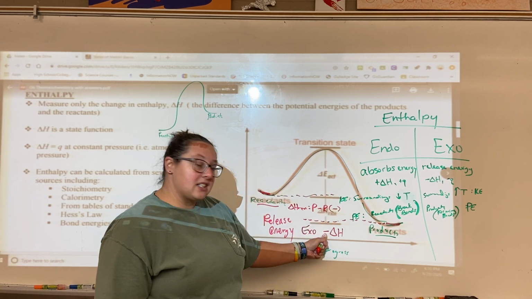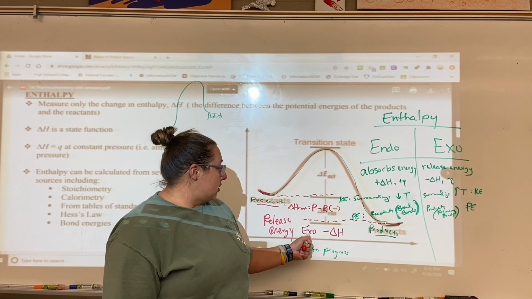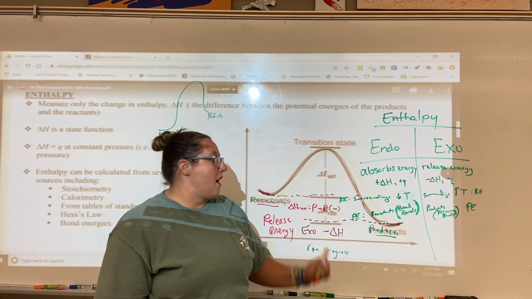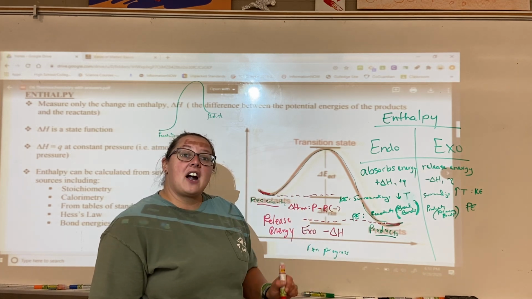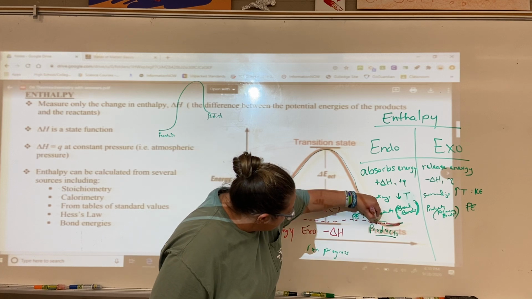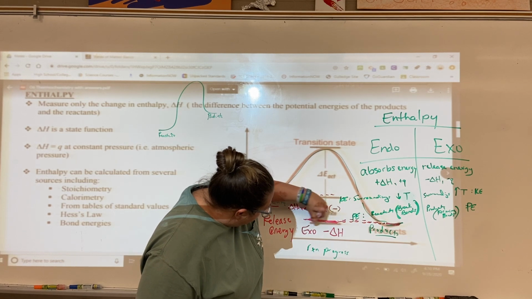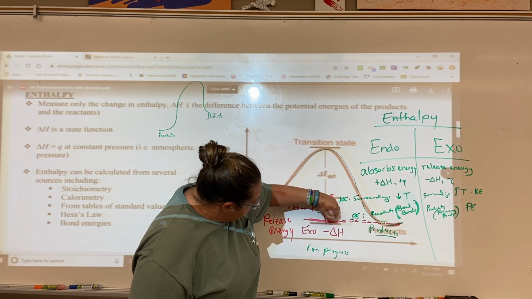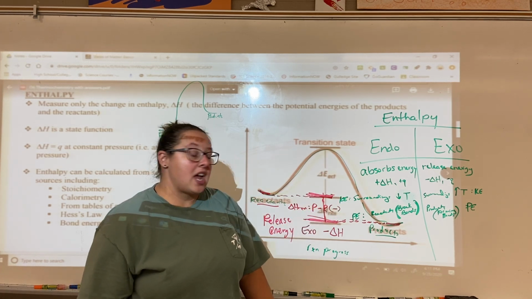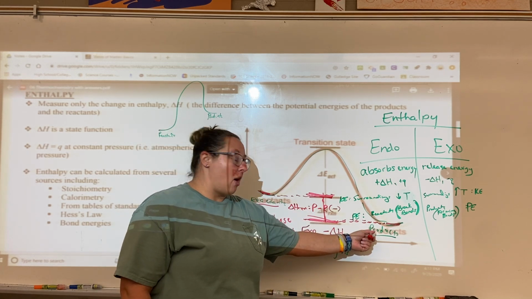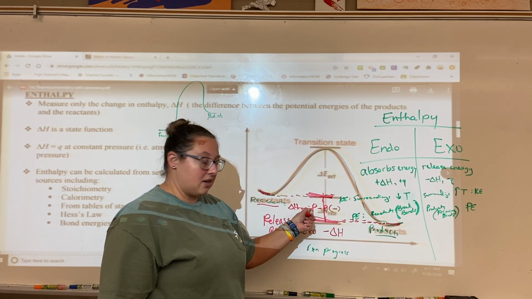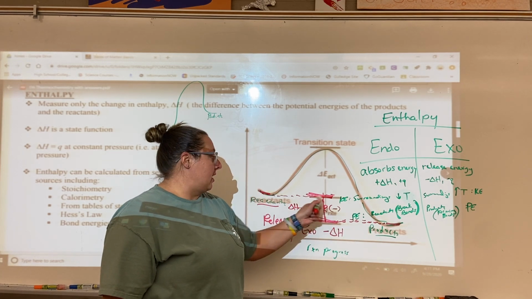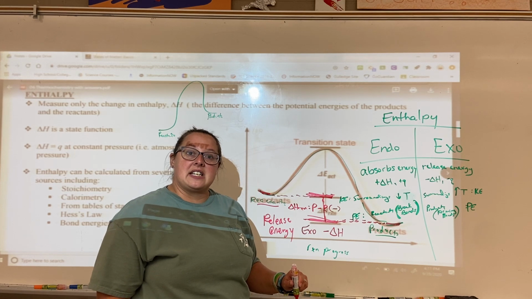That correlates with what we stated here, that exothermic is a negative delta H quantity, and we can see that from this graph. If I ever have to label my delta H, it is the difference between my products and my reactants energy. This right here is my delta H. Because it is a smaller number, my products, minus a larger number, my reactants, it will always be a negative quantity in this case.